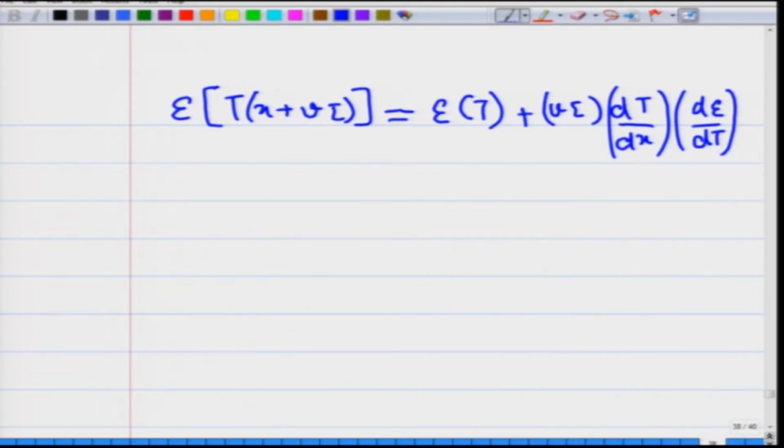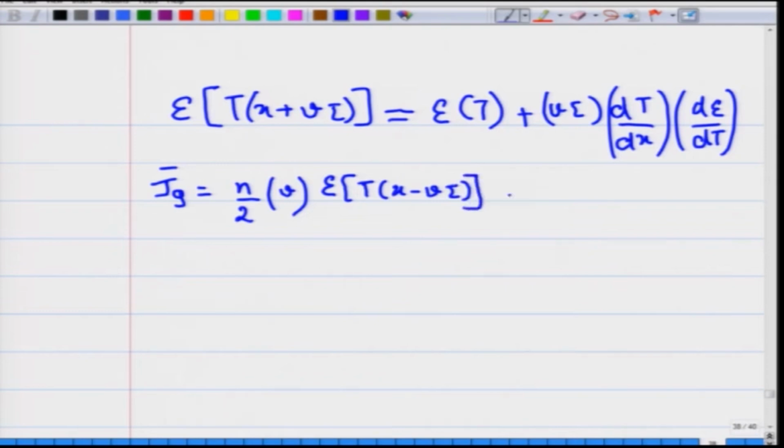And the net heat flux Jq, if you recall, was the sum of two terms. One was n by 2 into V into energy of T at x minus V times tau, plus another term which was n by 2 into minus V into energy of T at x plus V times tau.